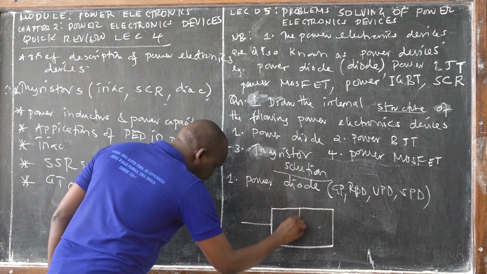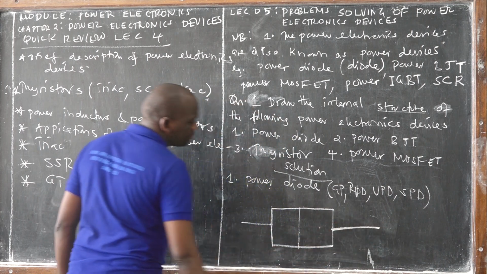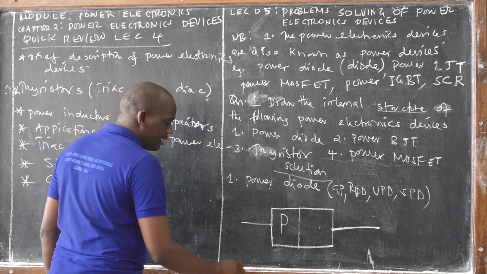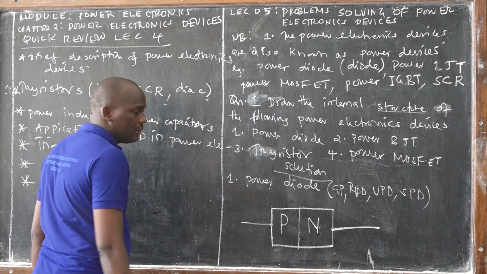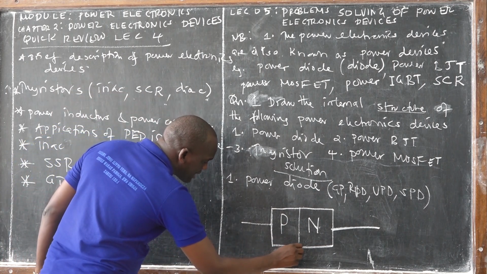This is the internal structure of any diode. Here we may have P-type semiconductor, and here we may have N-type semiconductor. So that is a PN junction. For this case we have a single junction.